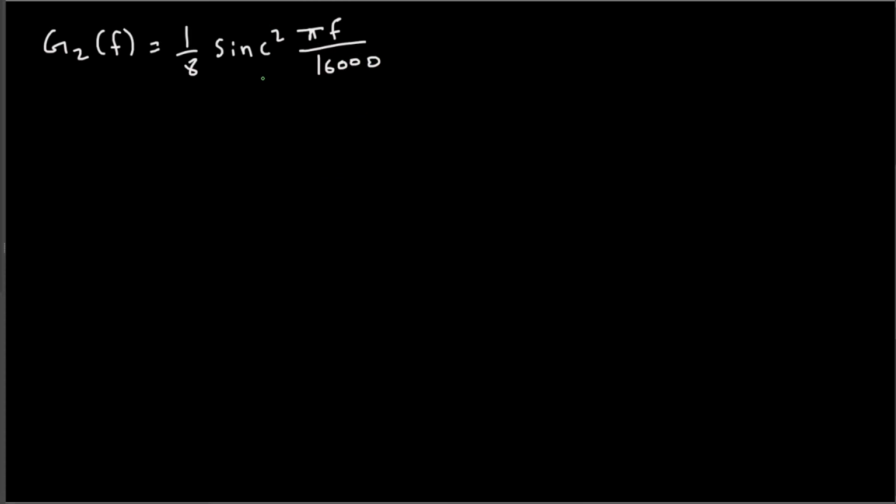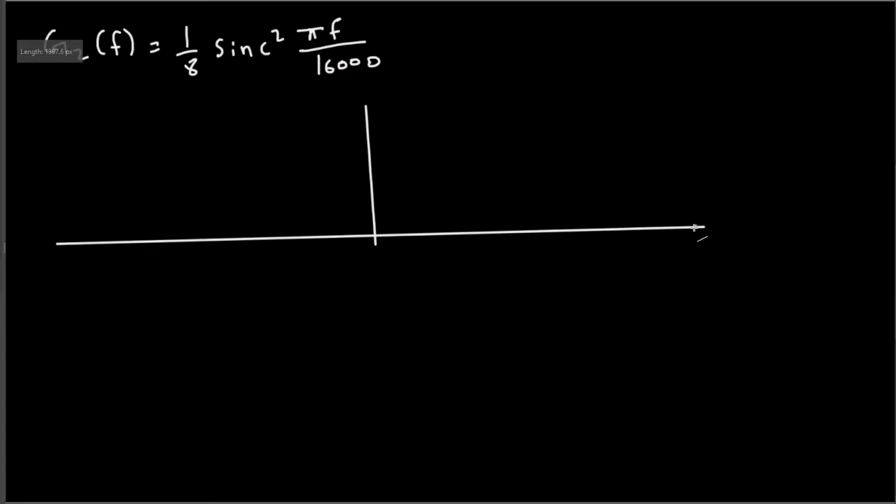Now let's go ahead and draw the diagram for this. So sin square is almost similar to the sinc diagram, but it's going to have this upper part only, like this. Okay, and it has a height of 1/8, and this one is negative 16,000, 16,000.